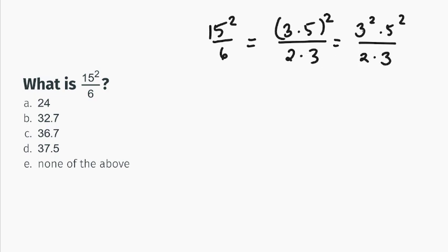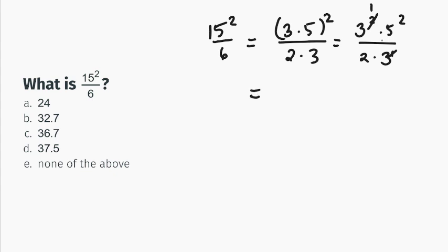So again, by the property of exponents, we can actually cancel this. But instead of canceling them by dividing, we cancel them by subtracting. So since we have 2 in the numerator and 1 in the denominator, we are left with 1 in the numerator.